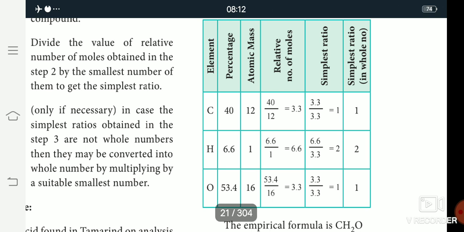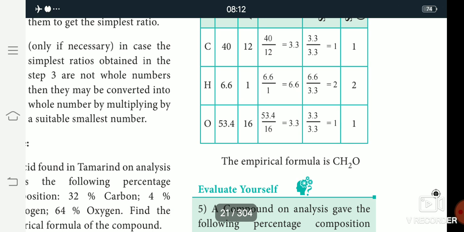Carbon, hydrogen and oxygen relative moles are divided by it. The answer is carbon 1, hydrogen 2 and oxygen 1. So the empirical formula is CH2O.